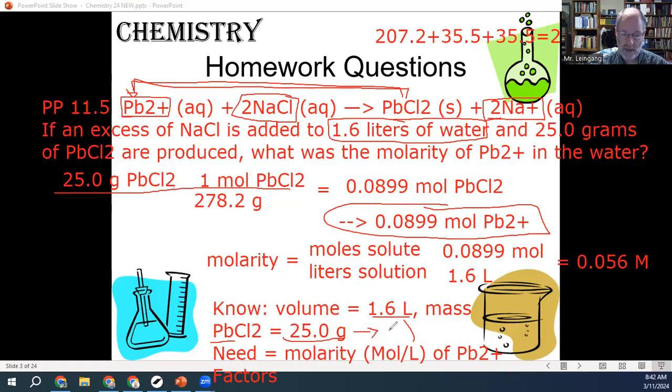I know how to go from mass to moles. And then moles per liter gives me the answer. In this case, that would have given you the answer, but only because it's a 1-to-1 ratio. You also needed to recognize that, depending upon which of the components you're comparing it to, you may have to have a factor of the molar ratio.